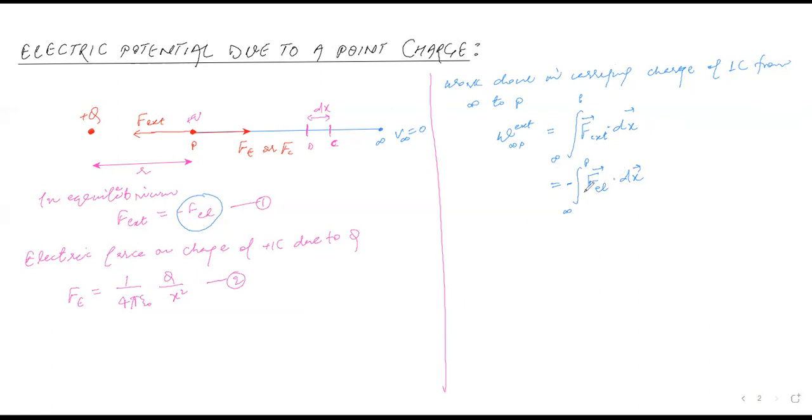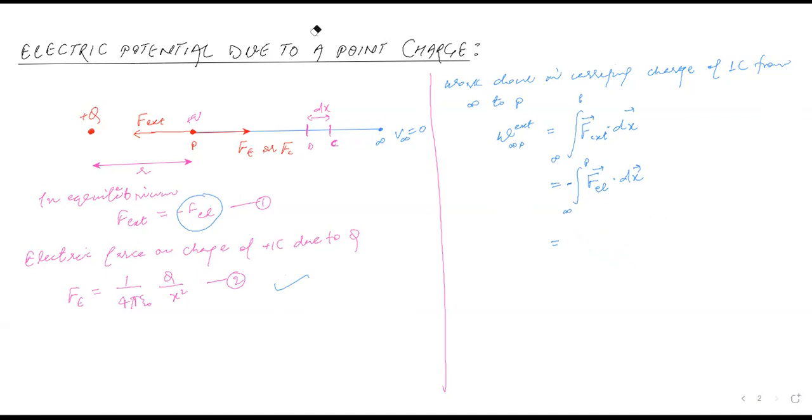If you expand this part, the direction of displacement and F electric are both the same. So we can write the value of F electric: 1 over 4 pi epsilon naught, which we take outside, integral from infinity of Q over x square. Do you understand?